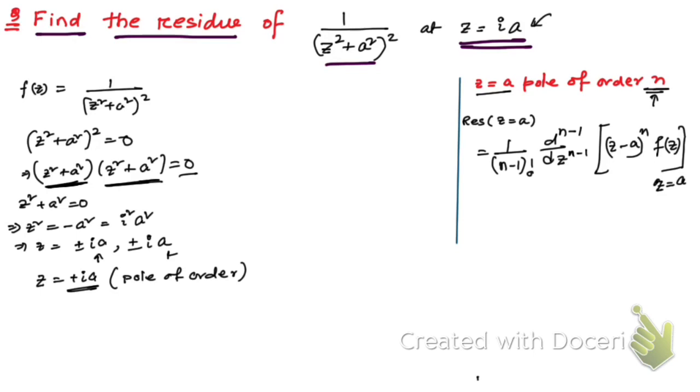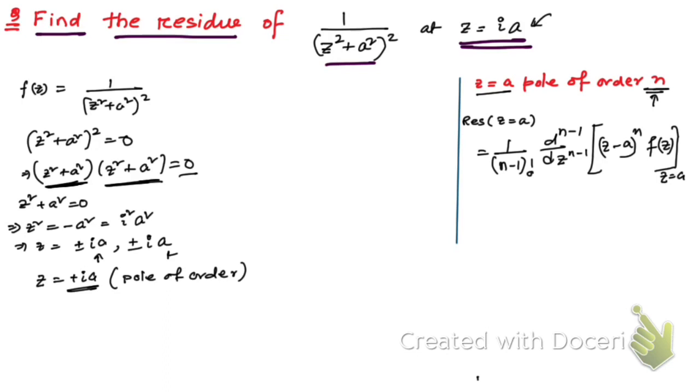Let me write it properly. Just wait, give me a second. After differentiating what is within the bracket, whatever the expression is, we replace z by a. Okay, hope you have understood this.